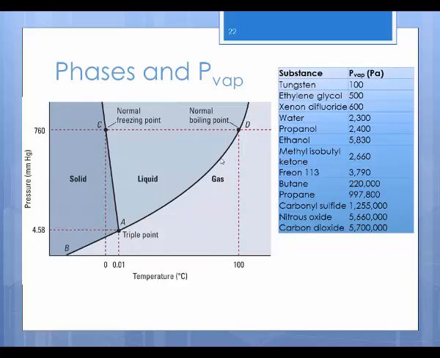Let's say that the temperature outside is like 80 degrees Celsius. And if it was 80 degrees in whatever container you were in, the vapor pressure would be, say, 740 millimeters of mercury. What this is saying is that if the pressure in that container, or the atmospheric pressure, were to get lower and lower from like 800 millimeters of mercury down to 740, that pressure is pushing against that liquid.